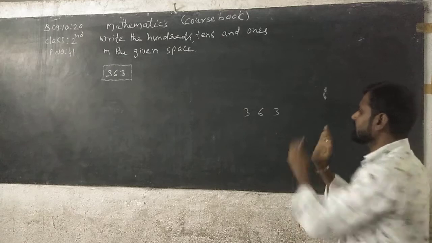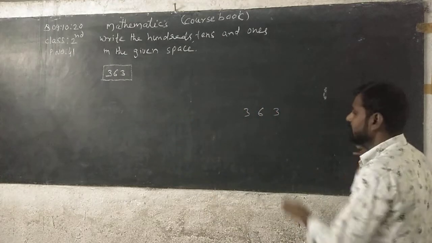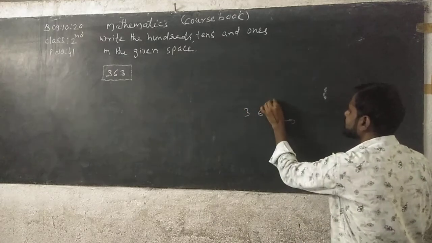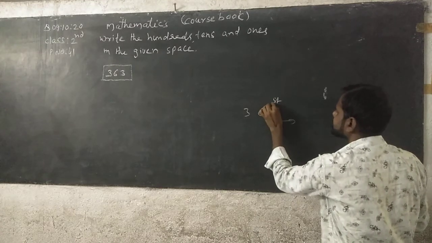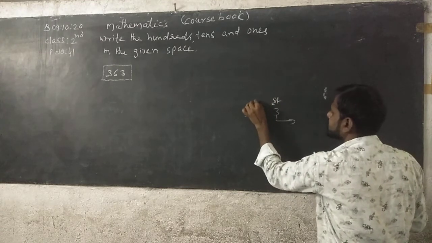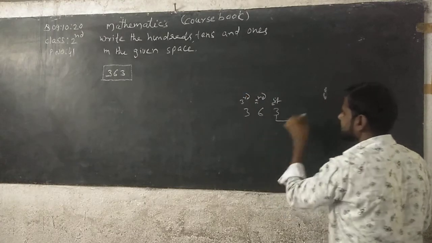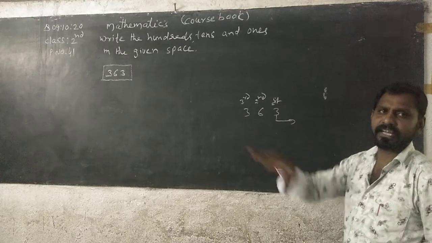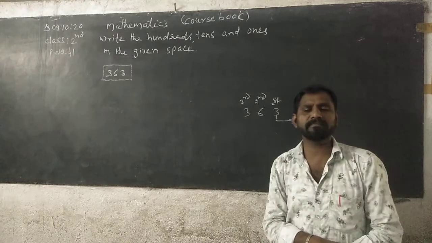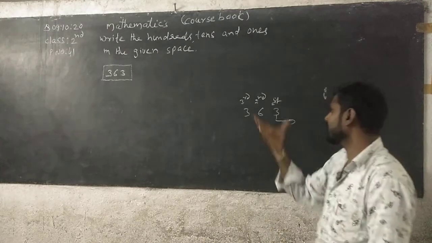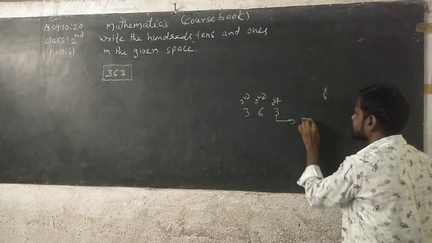In 363, from right to left side, this is the first place, this is the second place, this is the third place. According to our Indian place value chart, the first place is called ones place.